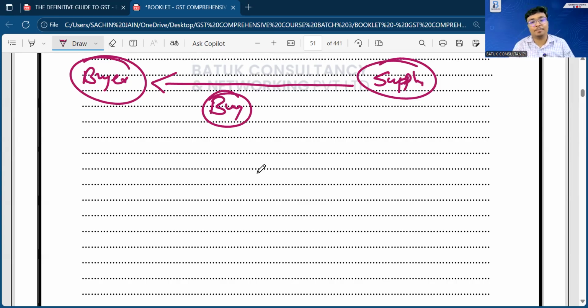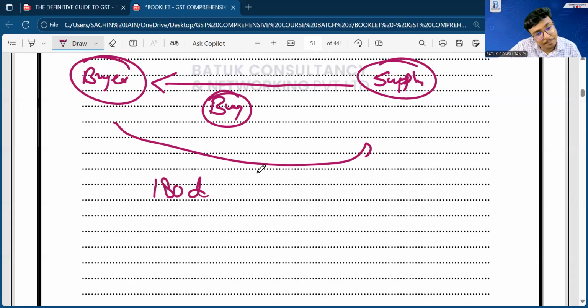At that time, the concern is that suppose I have to make the payment to my supplier, and if I am not making the payment to my supplier within 180 days, in that case government is saying that you will not be eligible to claim the input tax credit from the 181st day. Sir, what is the reason for this specific provision?